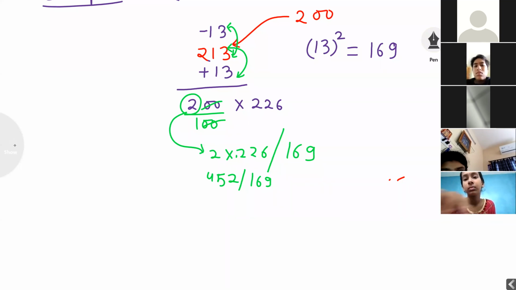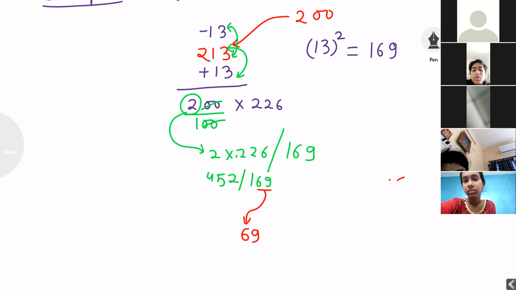I have divided by 100. How many zeros have I divided? 2 zeros. Means 2 digits I want to write as they are. Whatever number of zeros I have divided here, that many digits I want to write as they are.